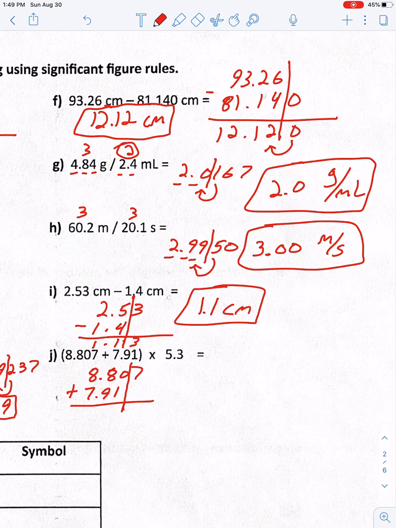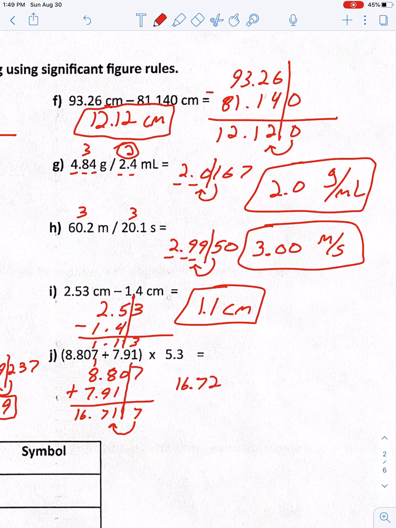So I have to stop after my weakest link. So now I'm going to do my adding. So 7, 1, 9 plus 8 is 17, carry the 1, and that gives me 16. So 16.717. This 7 is going to tell me that I'm going to round that up. So my parentheses answer is going to be 16.72.